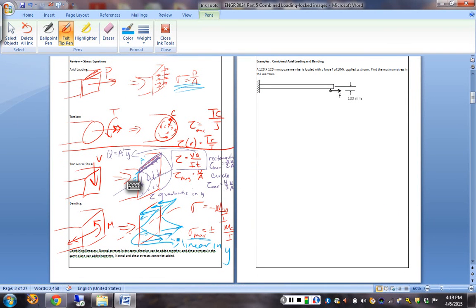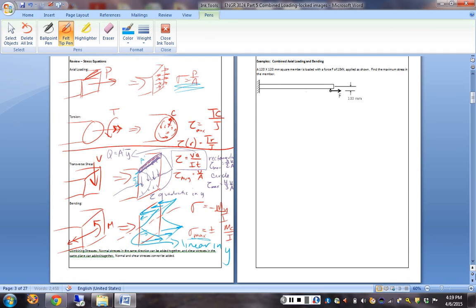So normal stress and normal stress can add, and shear stress can add. But you cannot add taus and sigmas. We will learn how to account for that with this thing called an equivalent stress, but you cannot simply add the numbers from taus and sigmas together as is. They are not friends. You are not my friend.